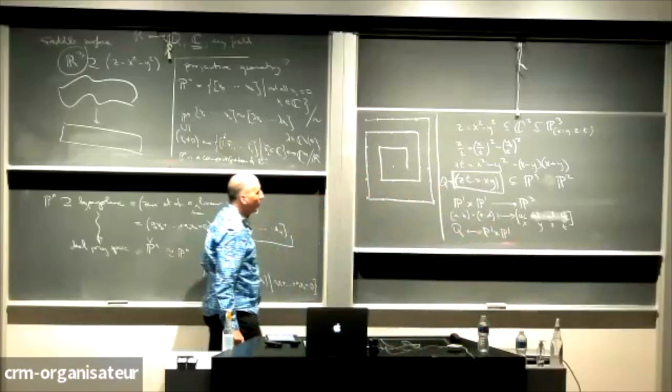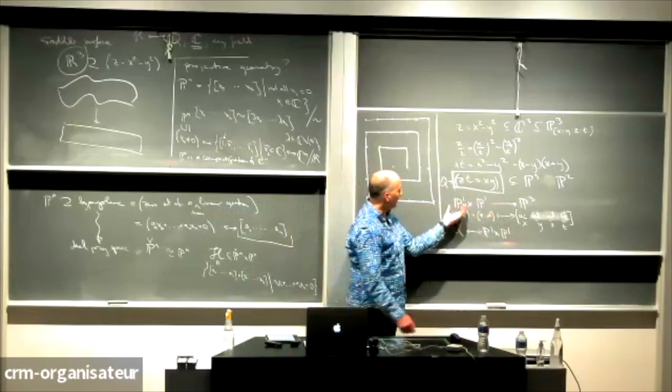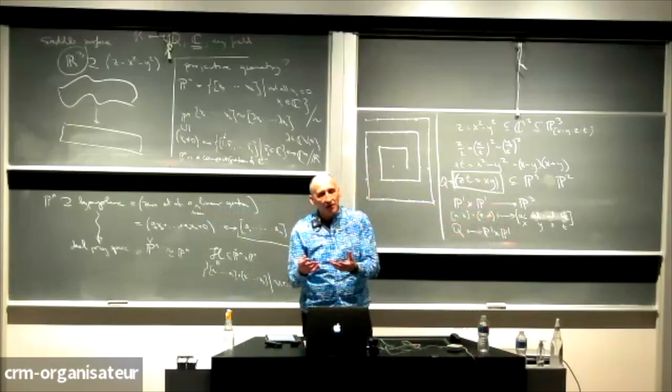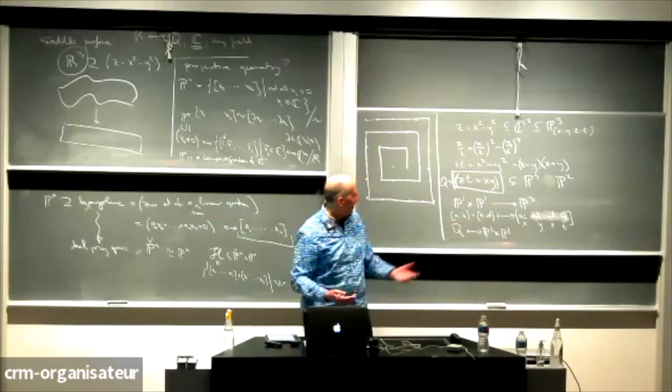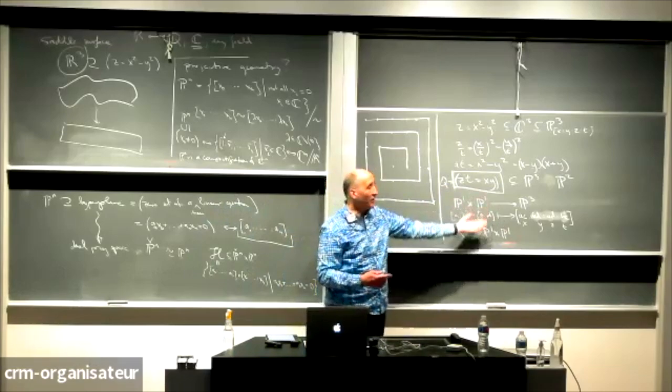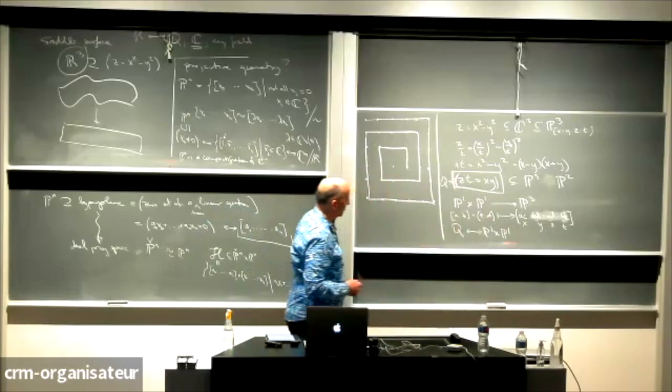In fact, if you think of these as complex manifolds, then P1 cross P1 makes sense. But as algebraic varieties, P1 cross P1 doesn't make sense because it doesn't a priori have a representation as a zero set of some polynomial, but this is it. So this is how you can define P1 cross P1.